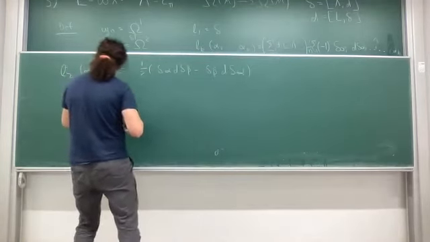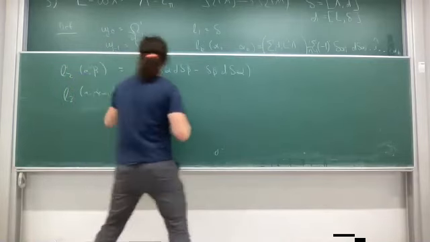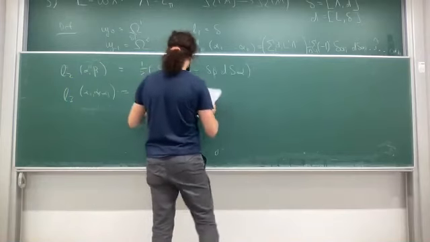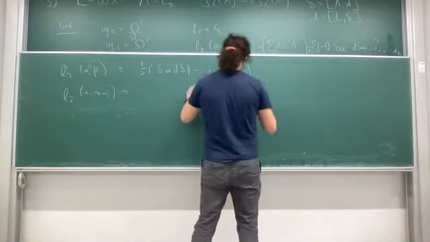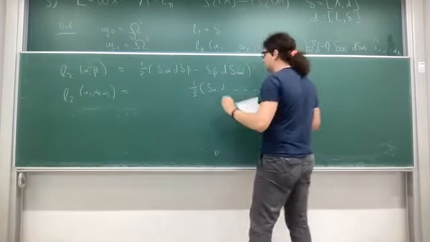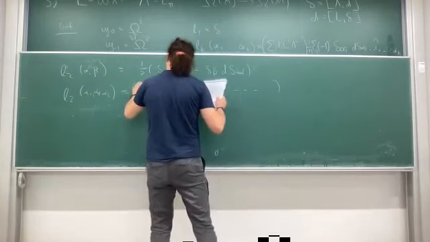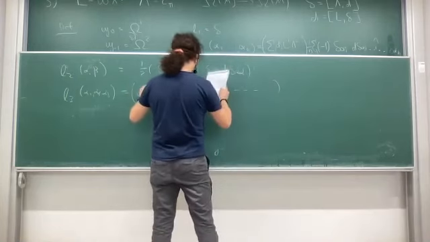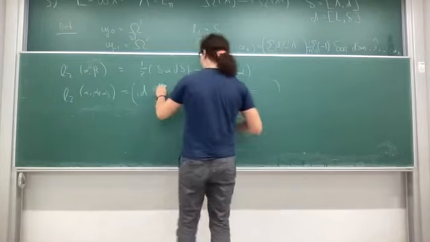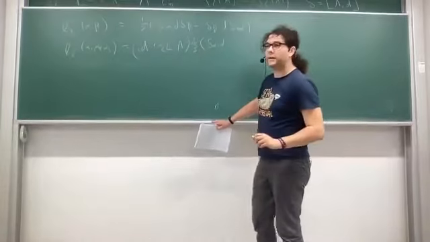L3 of alpha 1, alpha 2, alpha 3 is 1/3 delta alpha 1 d, and so on. But it doesn't completely work. One needs this part, but one also needs 1/2 of the L lambda of this for it to work.